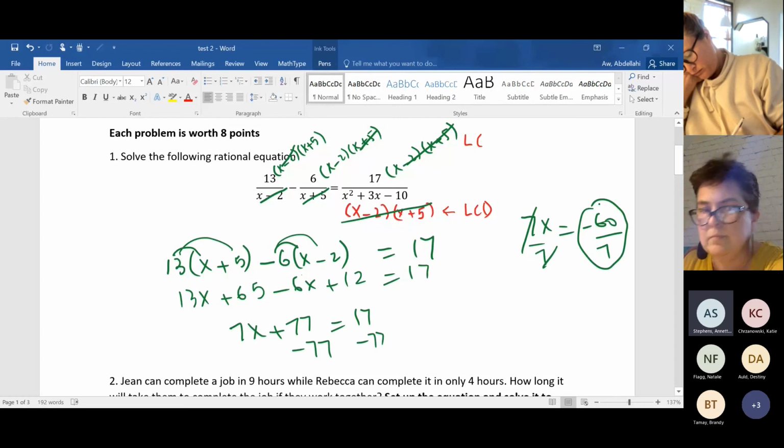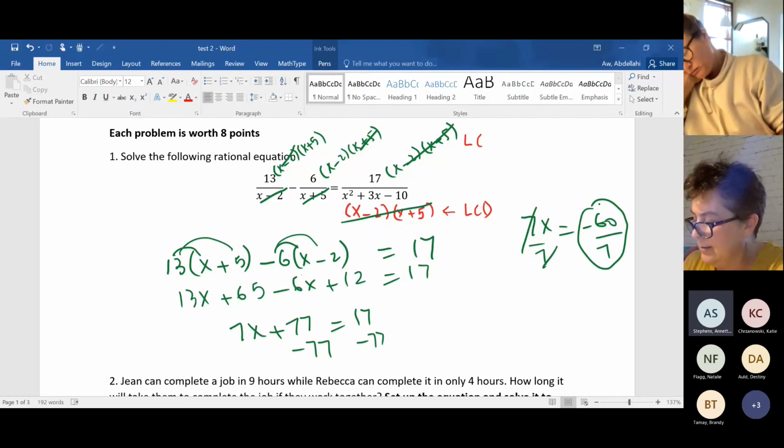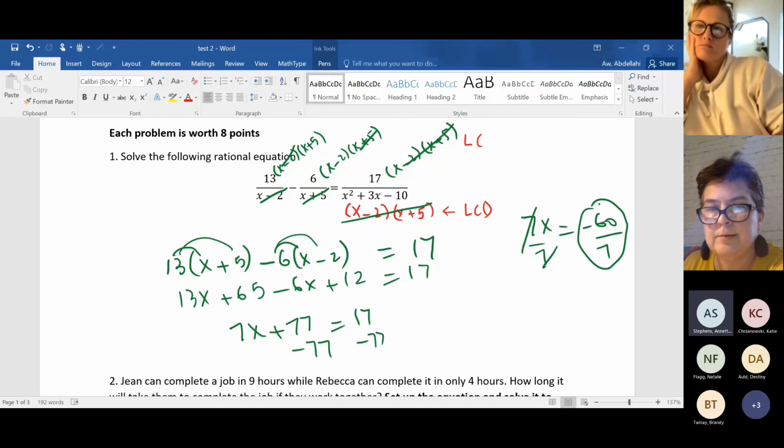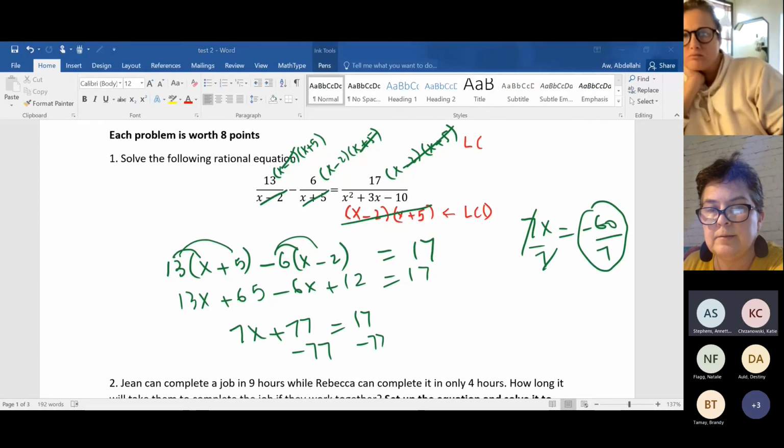So somebody tell me, before I say this is definitely my final answer, I have to compare this number with what numbers? What numbers cannot be solutions because of the denominators? 2 and negative 5. Thank you very much.